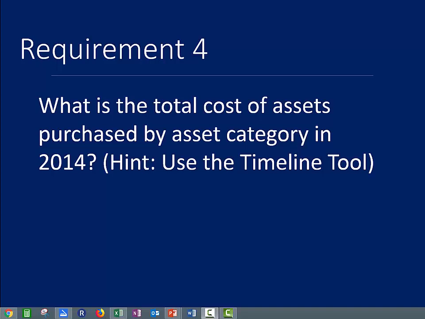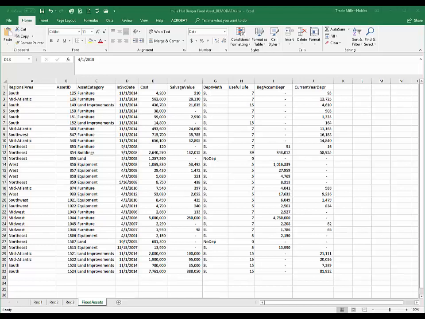We could sort it in more granular data also by months and in more than 1 month and more than 1 year. So let's take a look at how to create a pivot table to identify the total cost of assets purchased in 2014 by asset category.